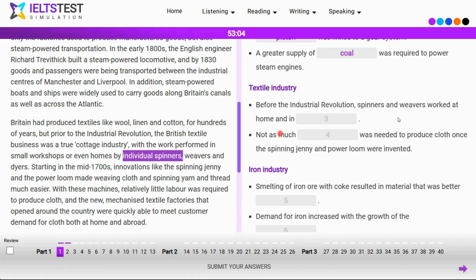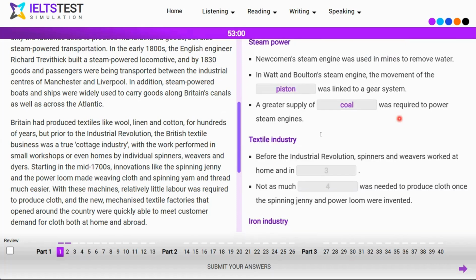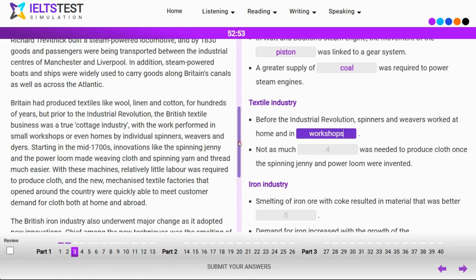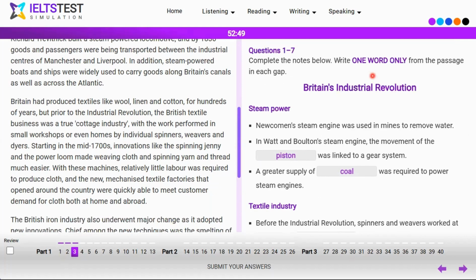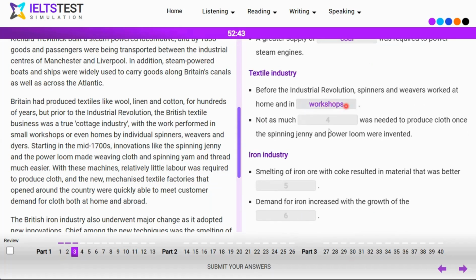That's going to be workshops. How many words are we to write? One word. So that's going to be workshops. You cannot write small workshops. The instruction says one word only. Let me show you the instruction. Write one word only. So you cannot write small workshops and you cannot write small. Answer is going to be workshops.